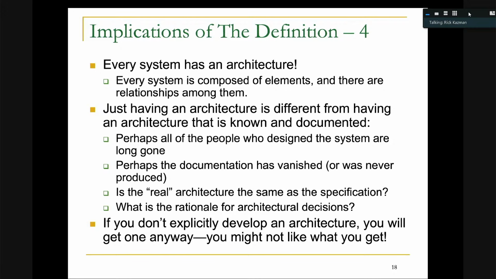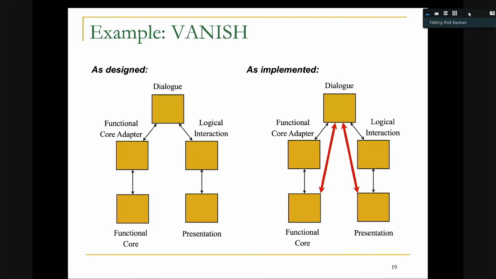The building may fall down because you've drilled too many holes into a supporting structure within the building. And that's exactly what happens all the time with architecture. This is why technical debt accumulates, another topic that's near and dear to my heart. So if you don't explicitly develop an architecture, you will get one anyway, but you might not like what you get, and you frequently don't like what you get, and you certainly won't like it over time as it evolves.